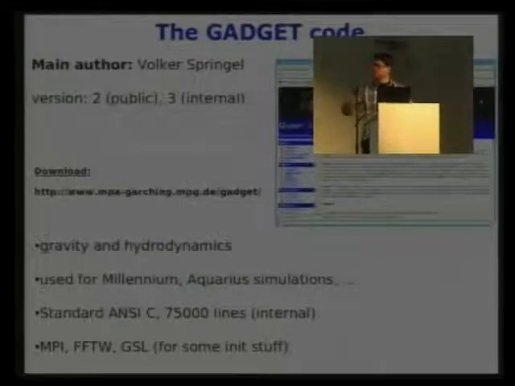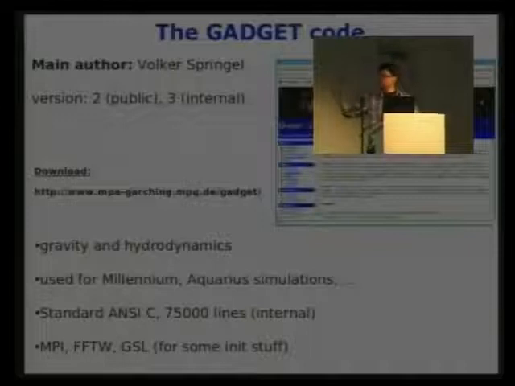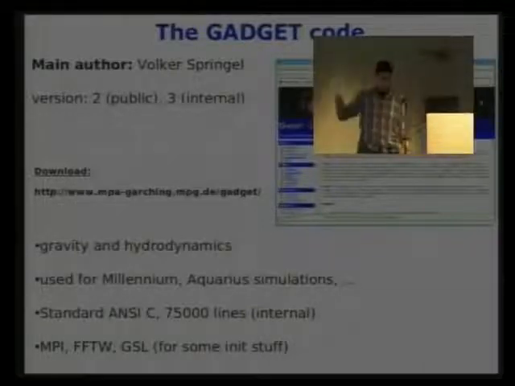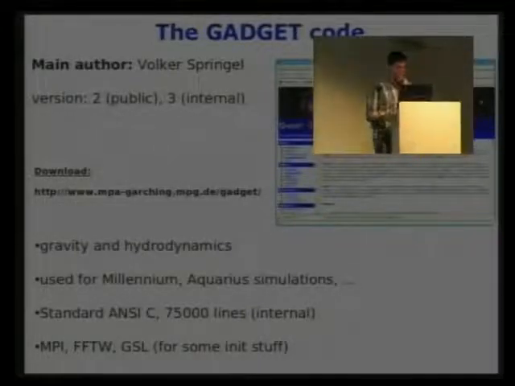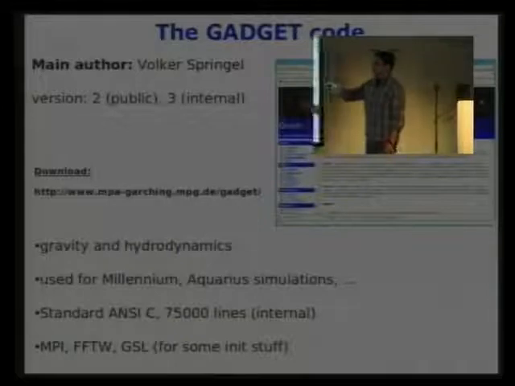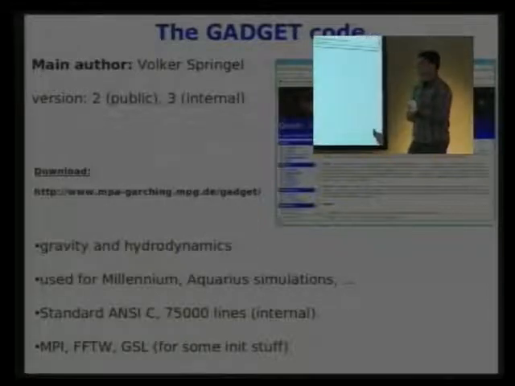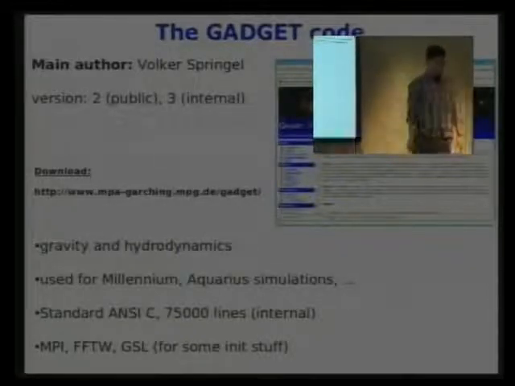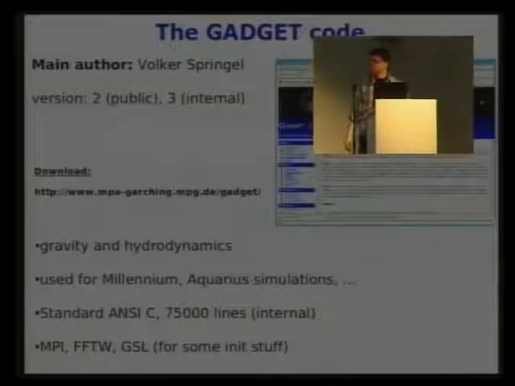But for simple simulations, you could in principle run the Millennium simulation with only the public version, if you have a machine that is large enough. This code was actually used for the Millennium, for the Aquarius, and all the other simulations our institute is running. It's standard C code, and the internal version has about 75,000 lines at the moment.